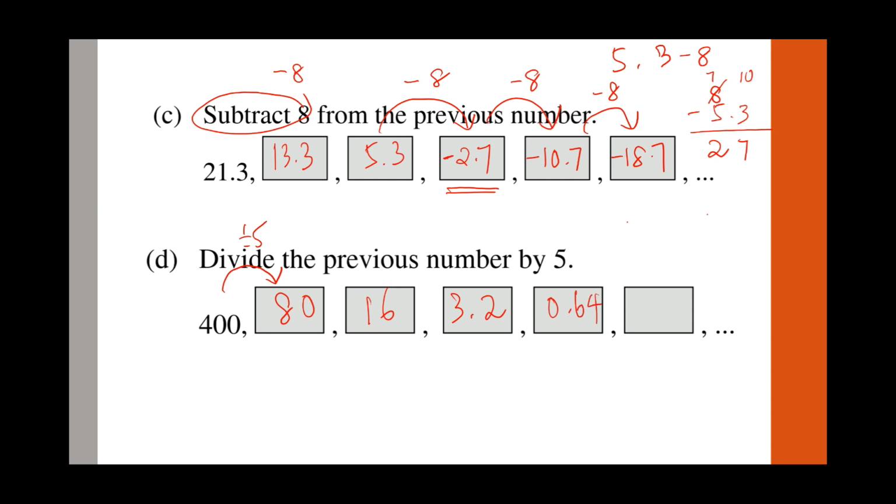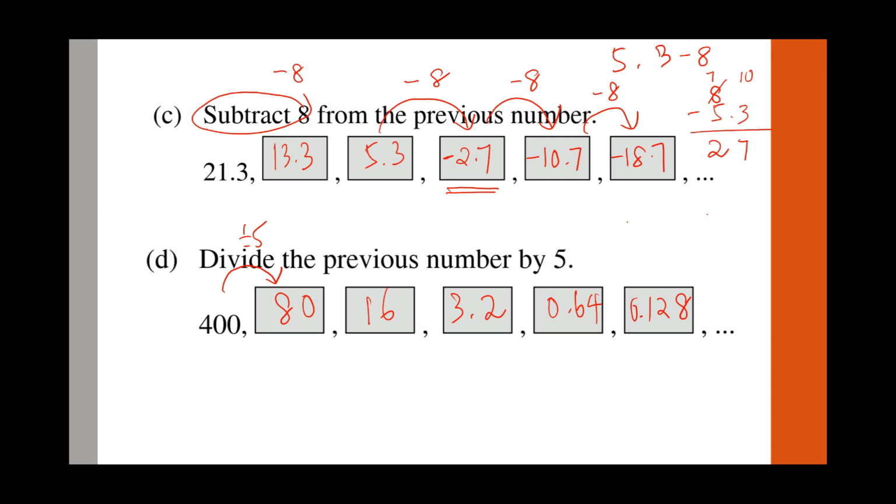Madiha gave the answer already, so I should give some credit to Madiha. 0.128, yes, it's Mahani. Do the rest of you know how to get all of this?